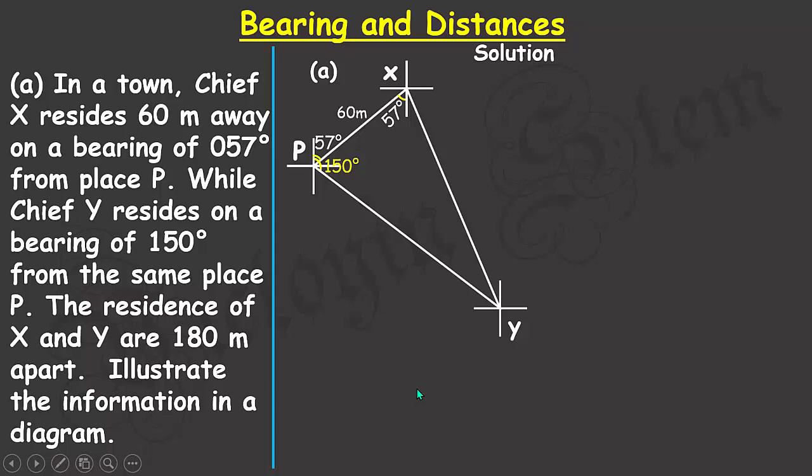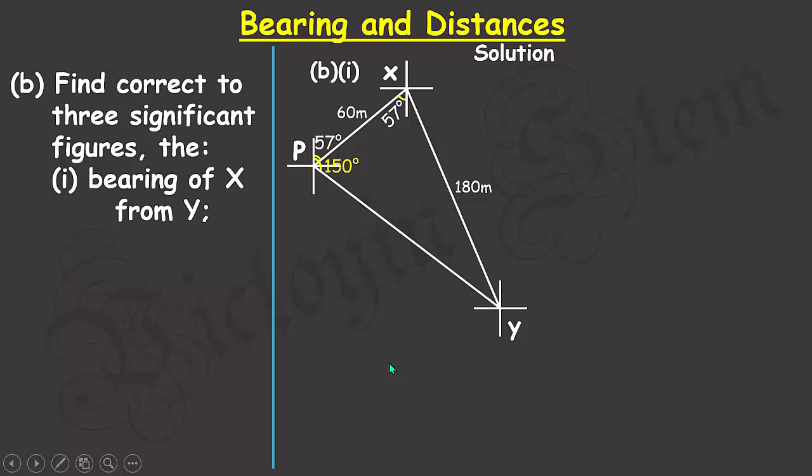So my triangle is complete. I've illustrated the information in a diagram, as you can see. But take note, XY is 180 meters apart, as you can see in the third statement: the residents of X and Y are 180 meters apart.